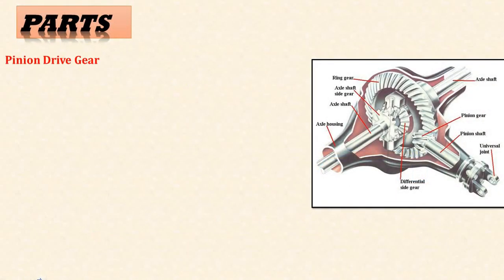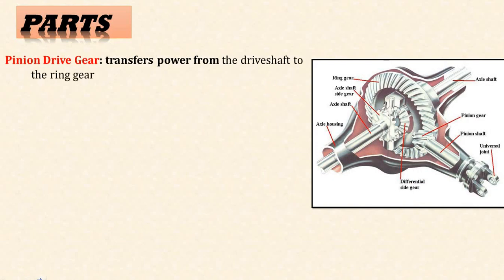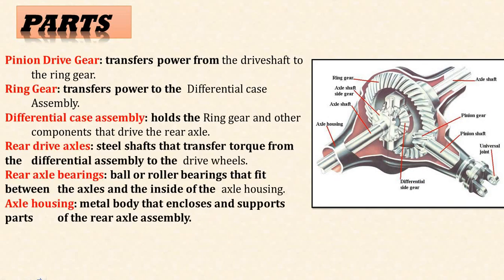Now let's discuss various parts of differential: pinion drive gear, ring gear, differential case assembly, rear drive axles, rear axle bearings and axle housings. If you talk about pinion drive gear, it transfers power from drive shaft to the ring gear, means it takes it from the engine part, from propeller shaft, and directly delivers it to the rear axle.